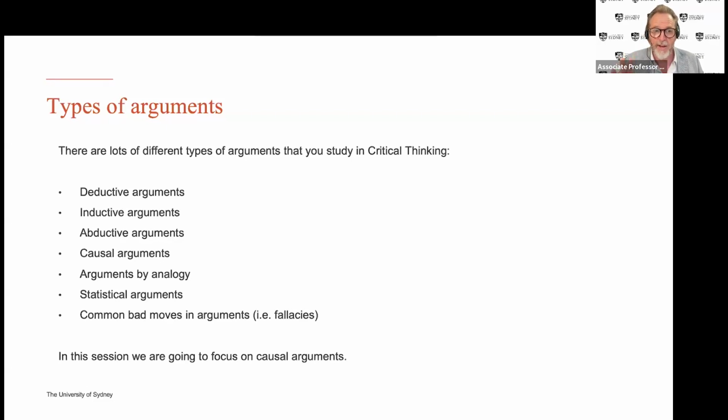So that's a very broad amount of content. In a short session, as we have this evening, instead of trying to give an overview of all of that material, we're going to focus just on one kind of argument. So we'll be thinking about causal arguments, we'll be coming to see why they're so important, and we'll be trying to learn how to evaluate them, how to think clearly in the domain of causal reasoning.